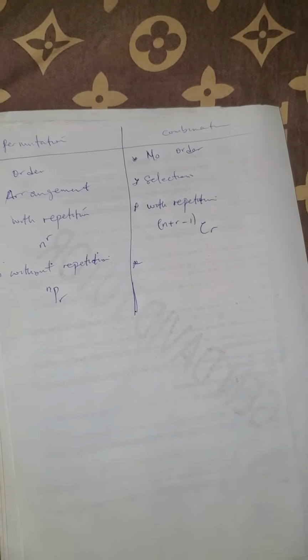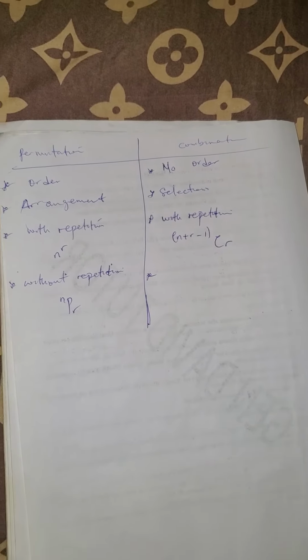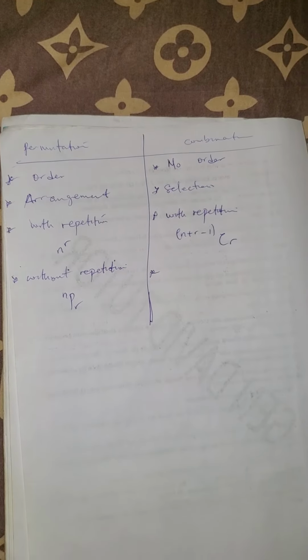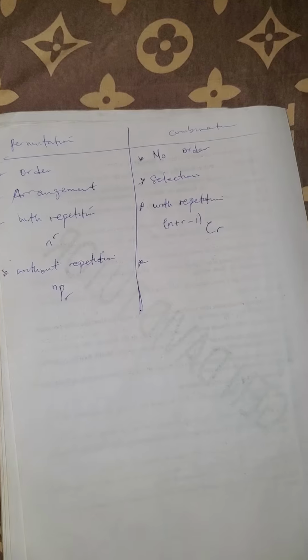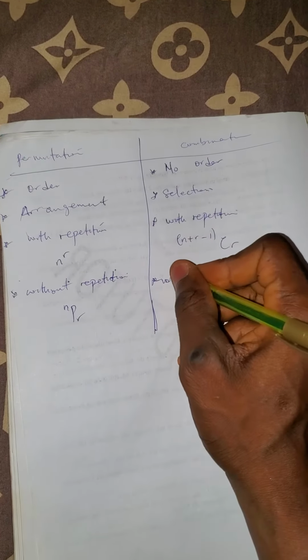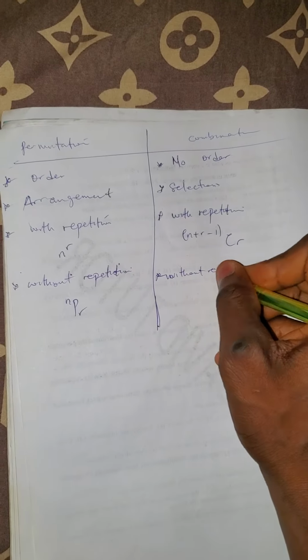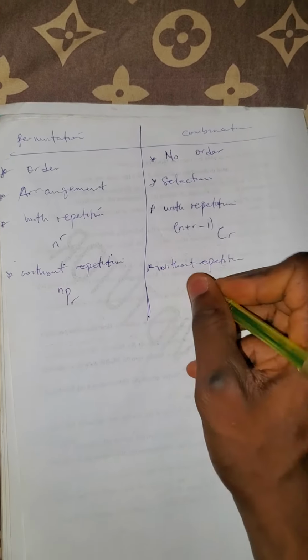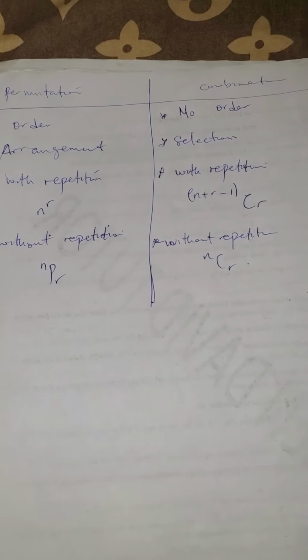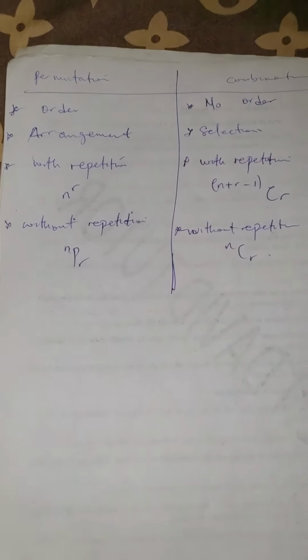But if it is without repetition, this will be n combination r. Now this is the difference between the permutation and the combination, or let me say the cases or the formulas that we have between the two.